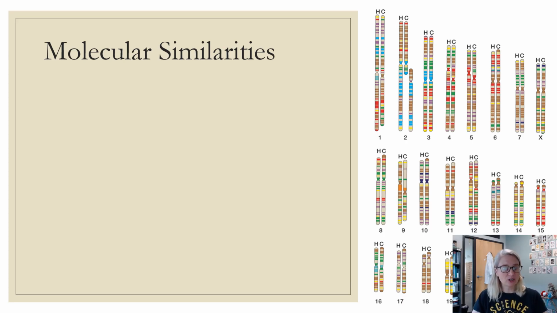Then, like I just mentioned, with our increasing technology and knowledge, we can start comparing things at the molecular level. And this is really where taxonomy is at this point in our scientific communities.